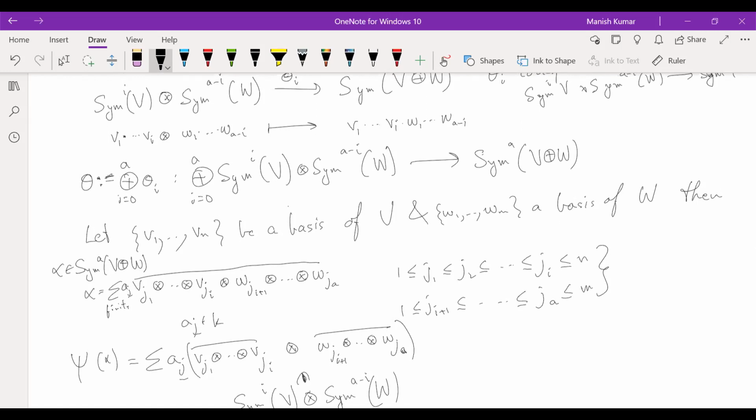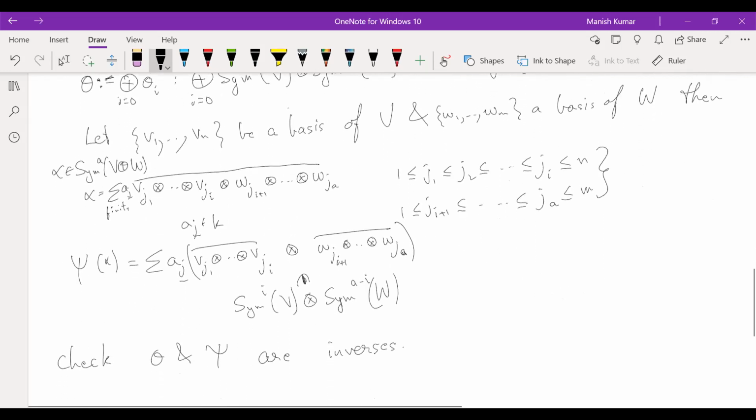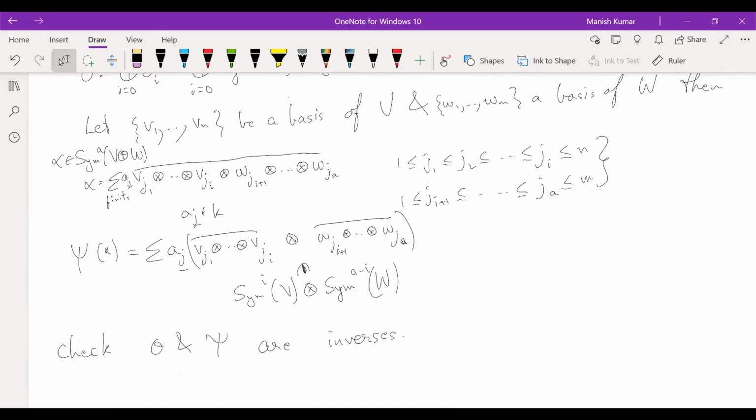So of course, this particular element of Sym^A(V plus W), you map it to an element of the domain of theta. So C of alpha, you define it to be, on this factor, Vj1 to Vji, tensor Wji plus 1 to Wja.